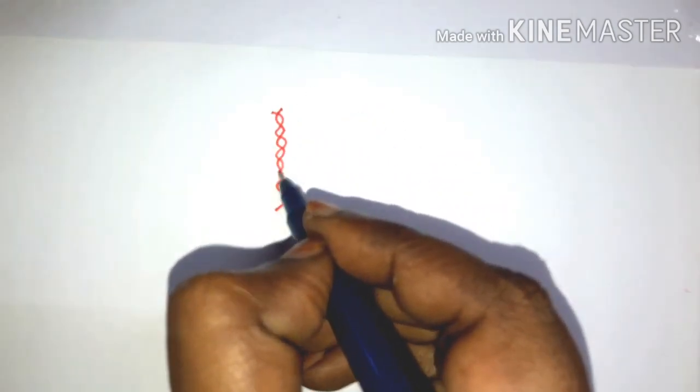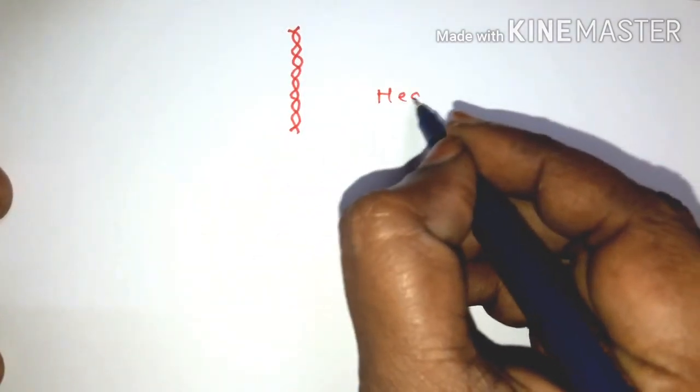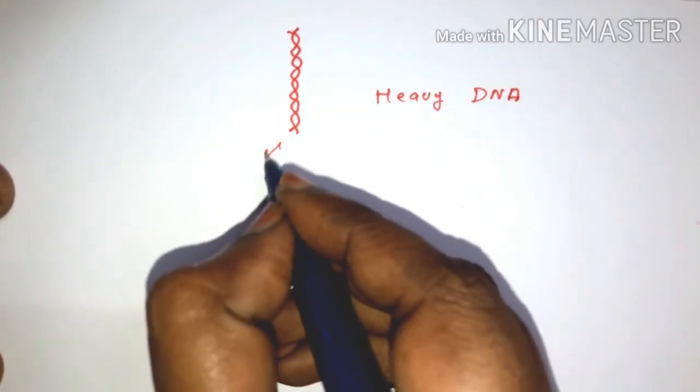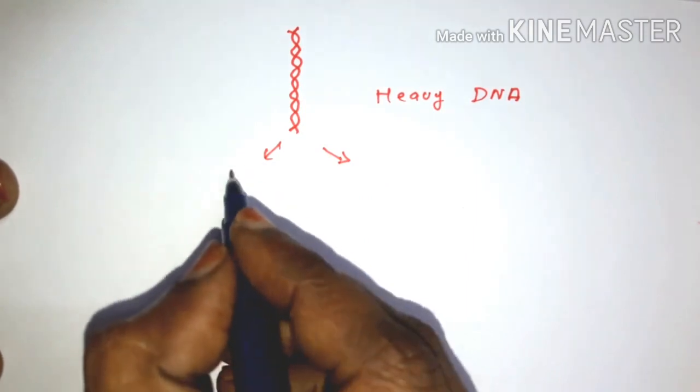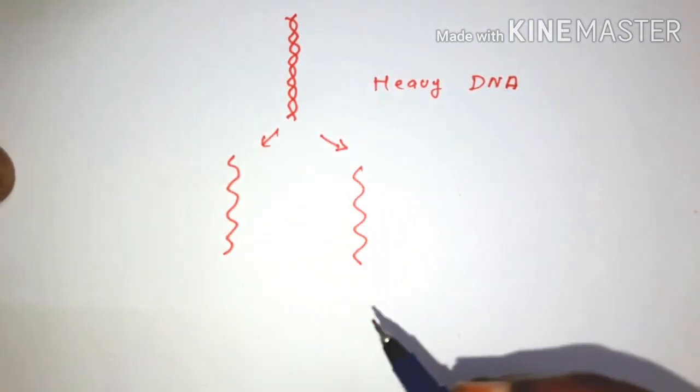What has been concluded through this ultracentrifugation method, light and heavy isotope treatment and cesium chloride treatment, is that there is one heavy DNA. They are said to be heavy DNA. They split into two. As I already said, the original is preserved in the next generation itself.